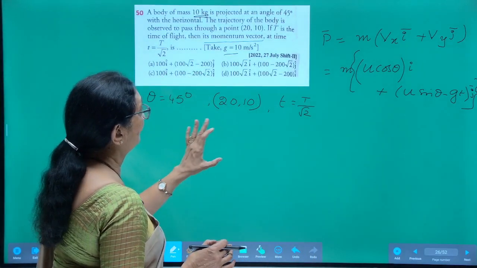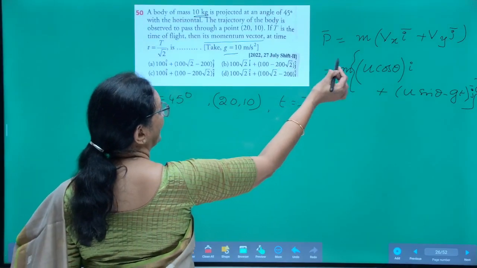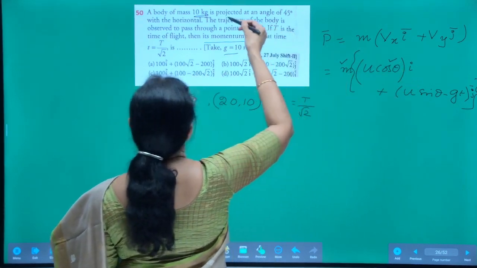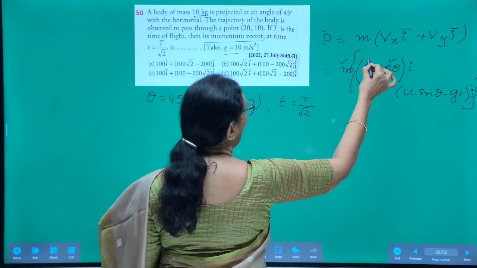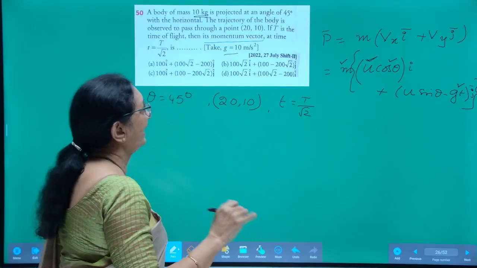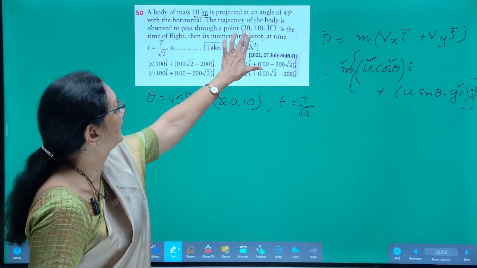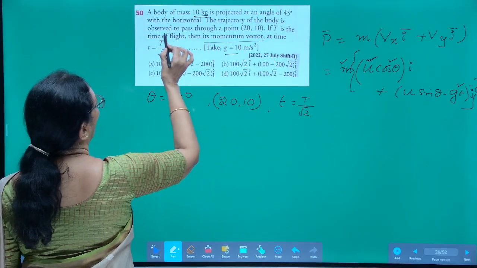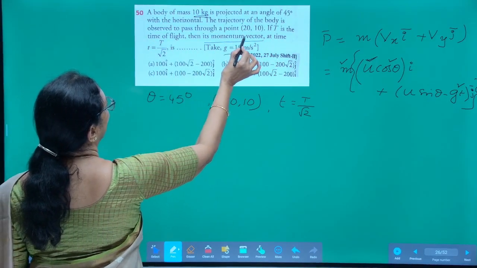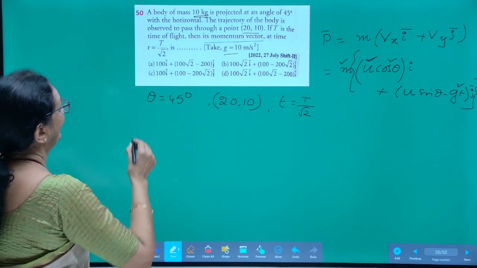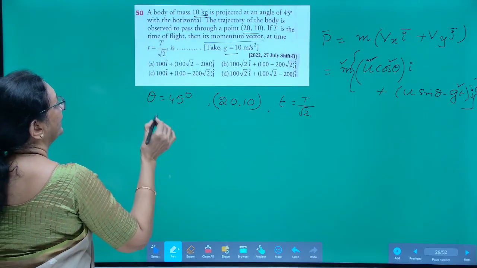So, if you want to find out momentum, m is given here, theta is given as 45 here, you have to find out u and t. To find u and t, this is the data given. The trajectory of the body is observed to pass through a point (20, 10) at the instant of time t by root 2.